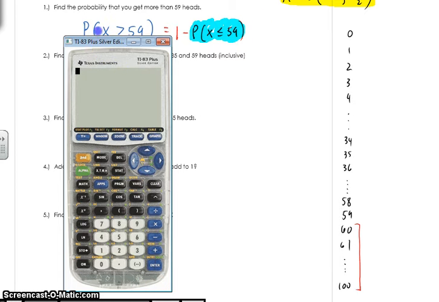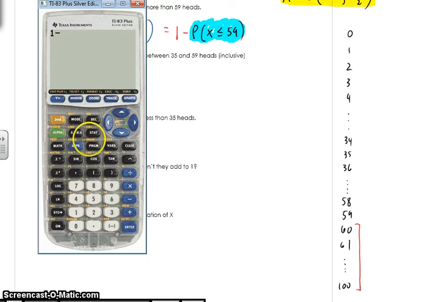Let me clear this. We would do 1 minus binom CDF 100, comma, 0.5, comma, 59. And that's the answer. There's about a 2.84% chance that we get more than 59 heads, which might mean if we get more than 59 heads, we may be very surprised because it's very unlikely that that would happen.